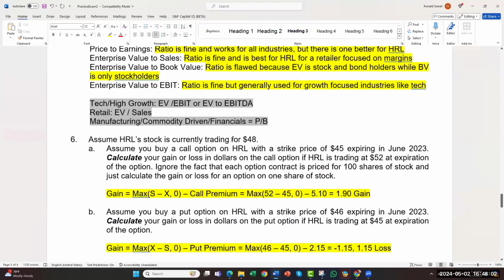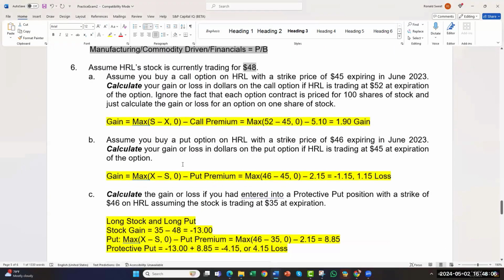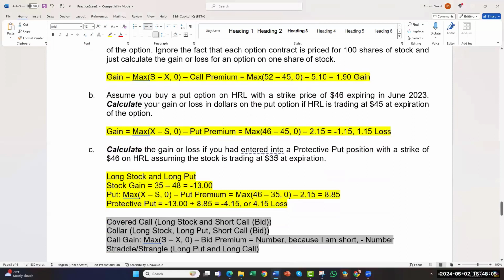Yeah, the assumption is you bought the stock at 48, and then the problem tells you what it's worth today. So it's now worth 35. So you must have lost $13. So you're long the stock. None of these are short the stock, and I'm not really sure if there are common option strategies that are short the stock.